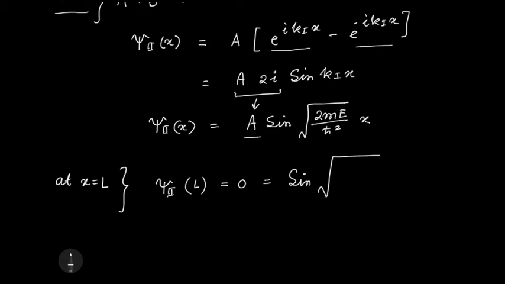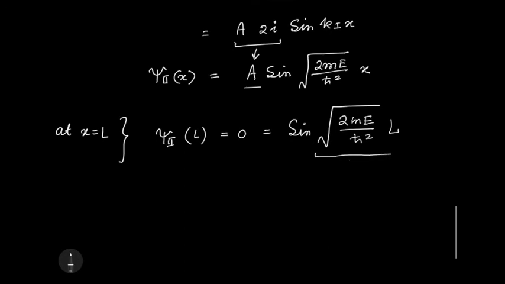See, A cannot be 0, because if A is 0, then the wave function is 0 everywhere. Region 1 and 3 we have already seen it is 0. If we make it 0 in region 2 also, that is not allowed. The wave function cannot be 0 everywhere. So that means that this part has to be 0.